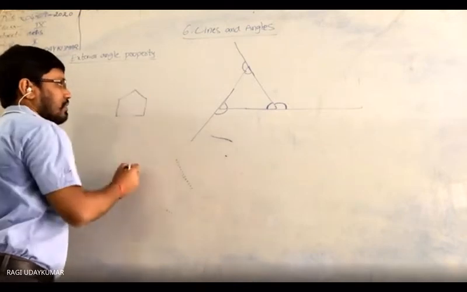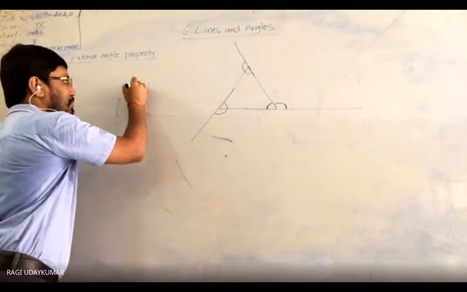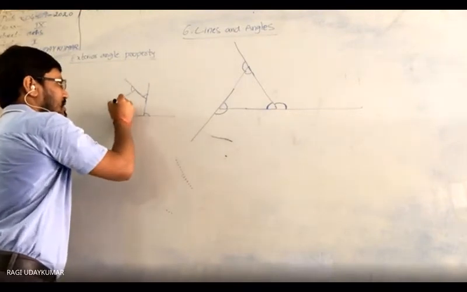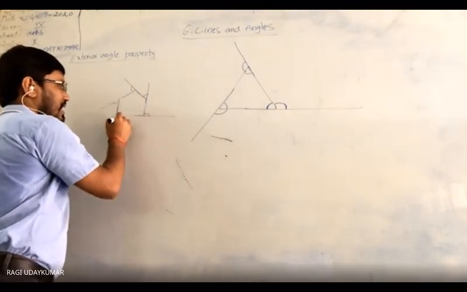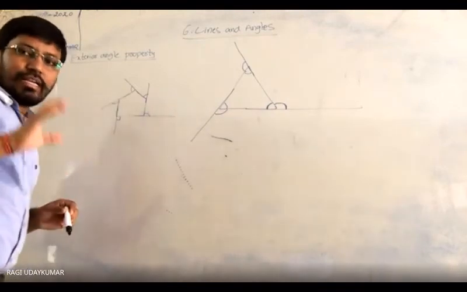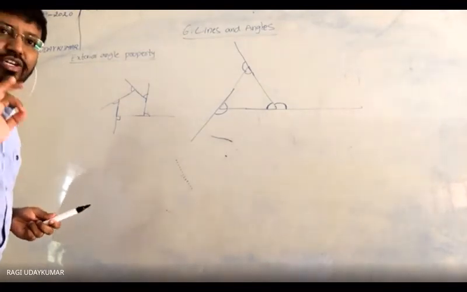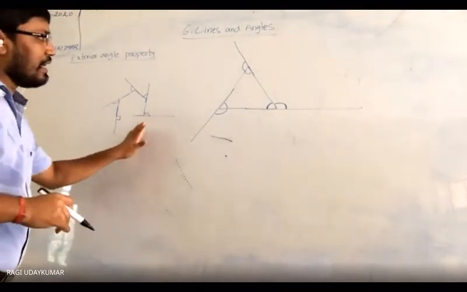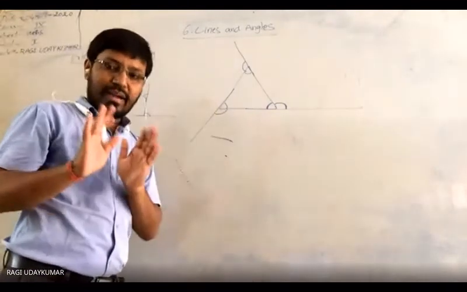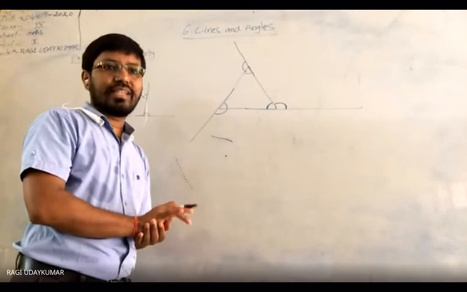Produce this, here one angle; produce this, here one angle; produce this, here one angle; this one produce, this one produce, here one angle. These angles we call exterior angles. If you add all these exterior angles, you get 360 degrees. For here 360, even for here 360. But we are not going to learn that now, I just said the property as we discussed the exterior angle.